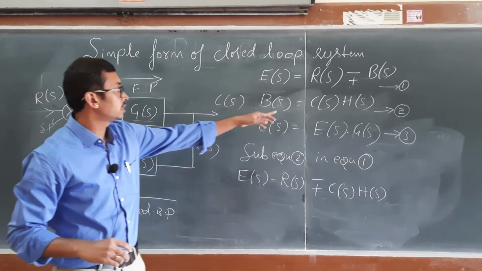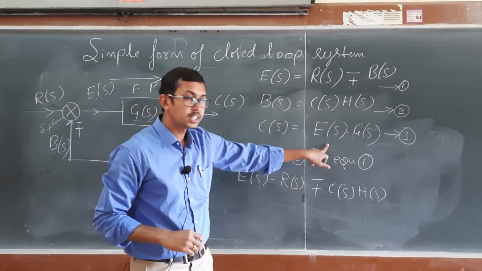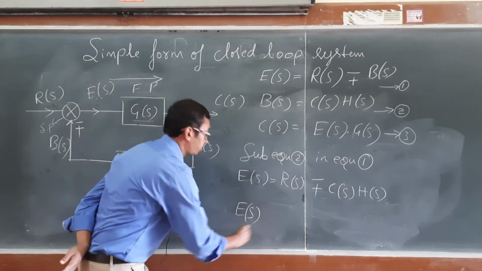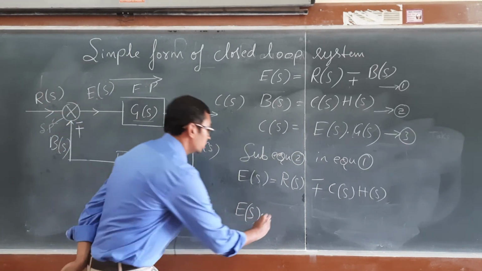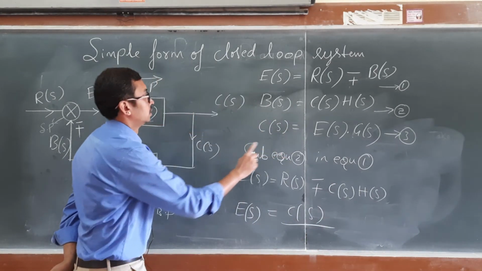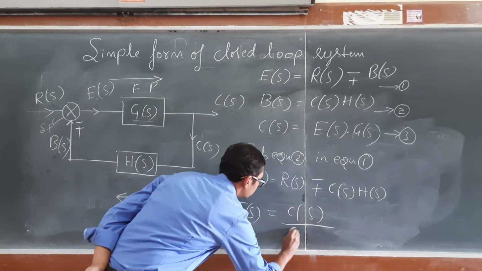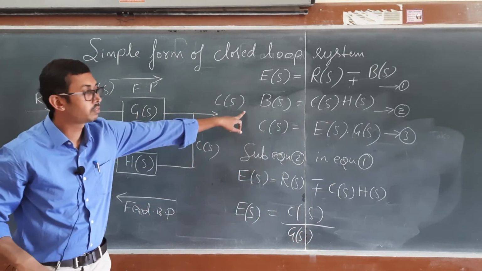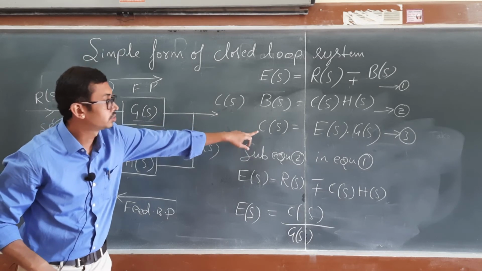Next, what is the E of S? From equation number 3, we can write the equation for E of S. E of S is equal to C of S by G of S.